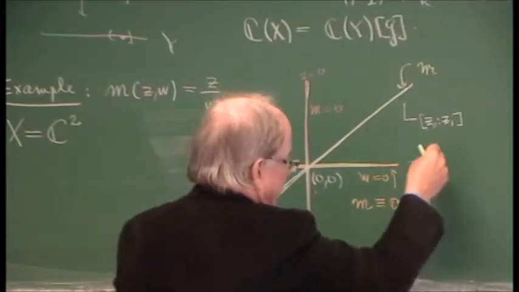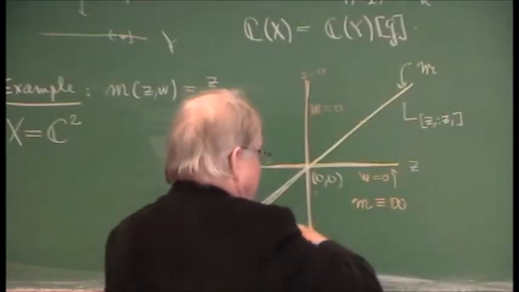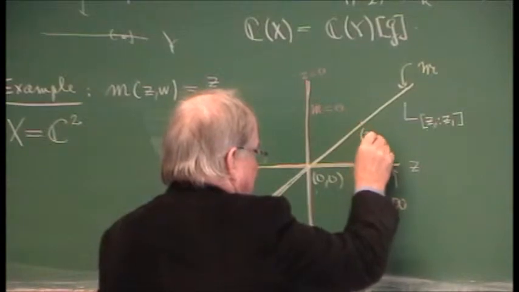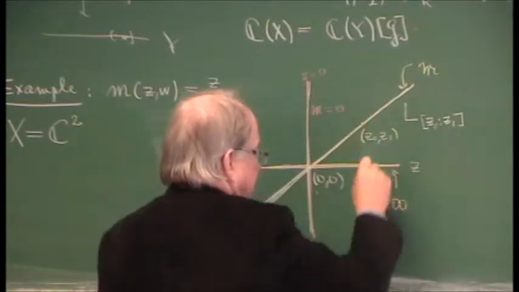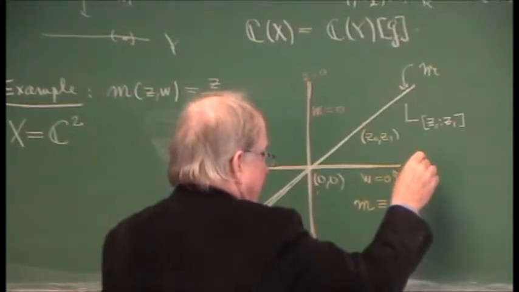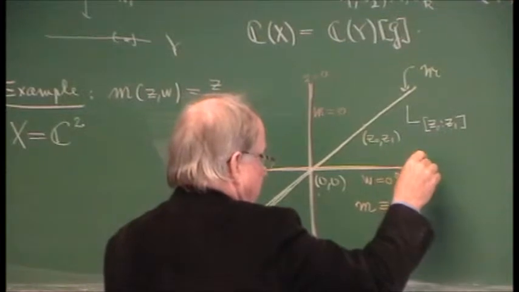That means this is a point here, Z0, Z1. So I guess this line here should be Z0 divided by Z1.